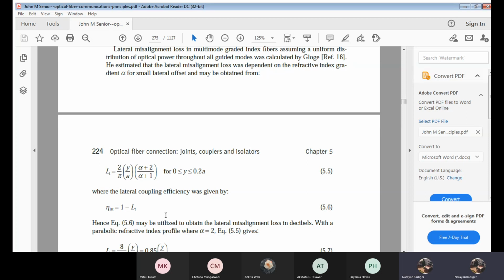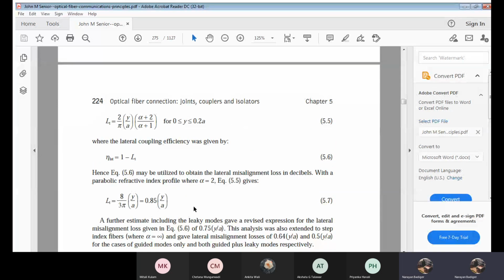Next, in terms of decibels, we just divide it, 8 divided by 3 pi. Now we know these OFC cables usually have a parabolic refractive index profile, so the alpha value will be 2. Just substitute alpha as 2 and you will get a certain value. You may ask how we got this.